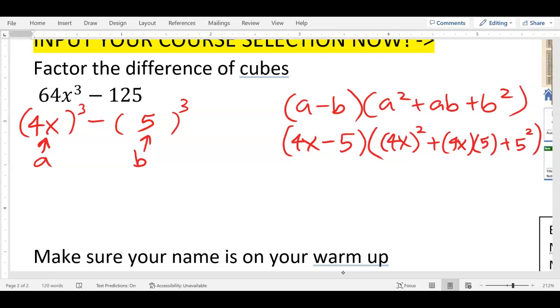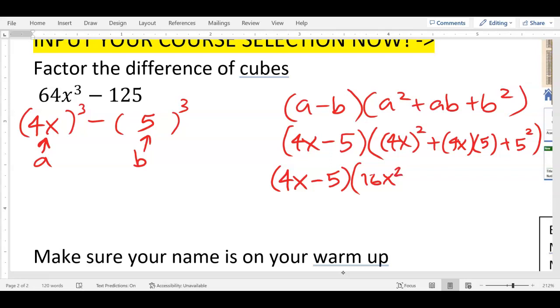Can we take this and simplify it? Okay, so bring down 4x minus 5. Now what is 4x squared? So 4 squared is what? Not 8. 4 squared is 4 times 4, which is 16. What's x squared? X squared.